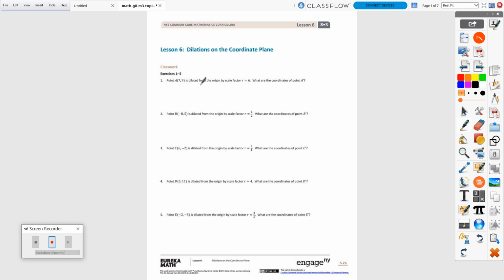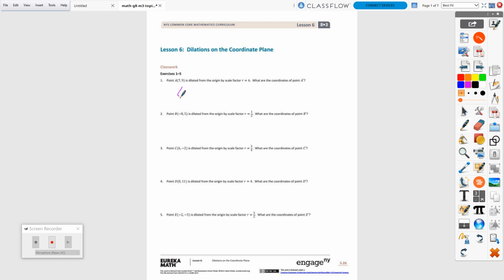Okay, as we take a look at number 1, point A is at (7, 9). Remember, we have x, y, so we walk first, then we climb, and it's dilated from the origin. In this lesson, all of them will be dilated from the origin, and the scale factor, r, is 6. So we want to find out what the coordinates of A prime are.